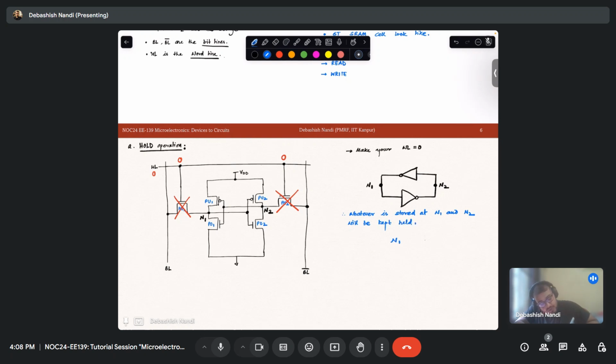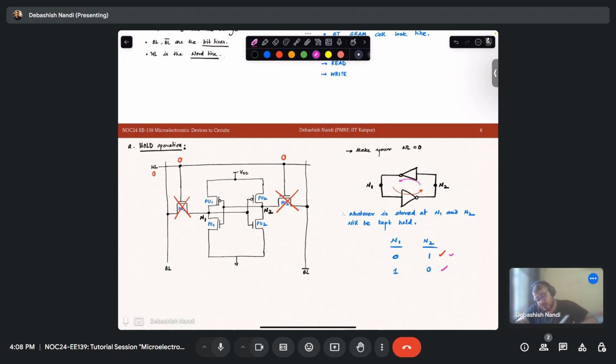Okay. So if N1 is kept at 0, N2 will obviously be at 1 via this transistor, and if your N1 is at 1, N2 will be at 0 via this cross coupling of this transistor.